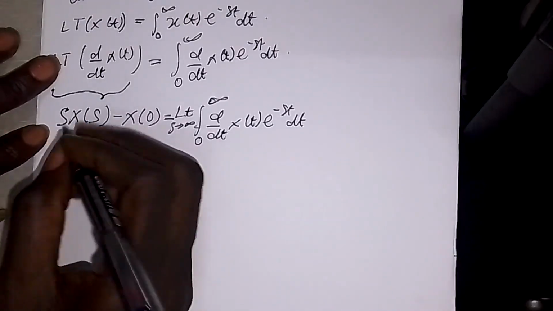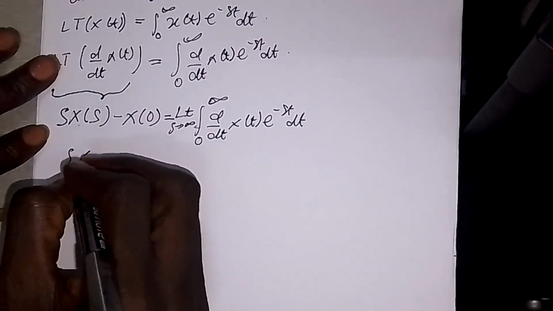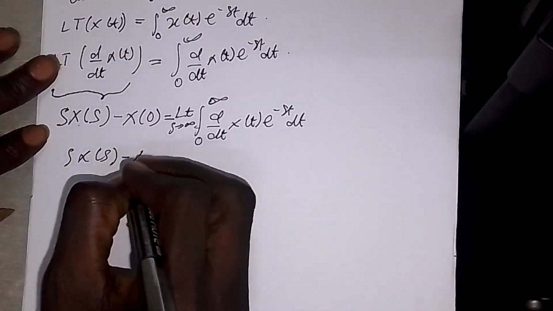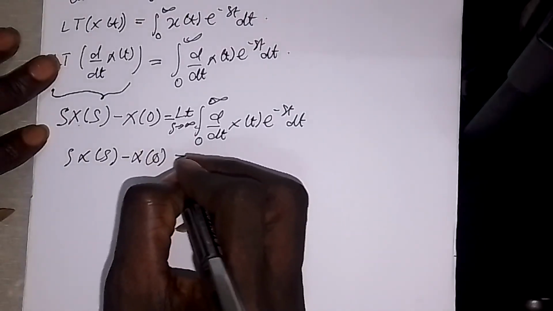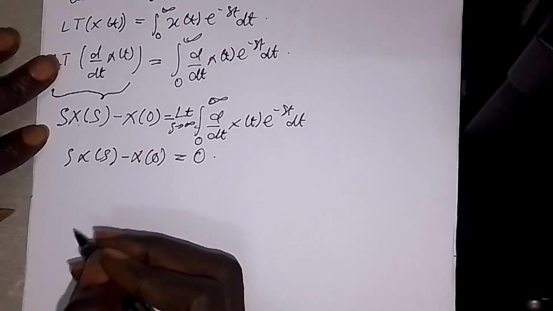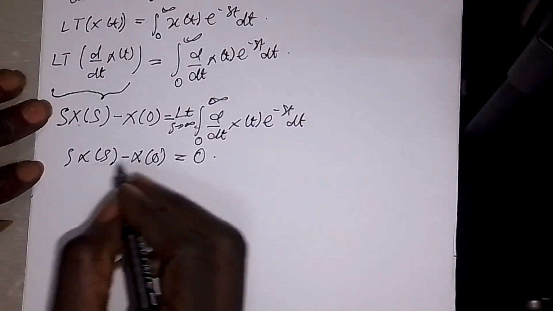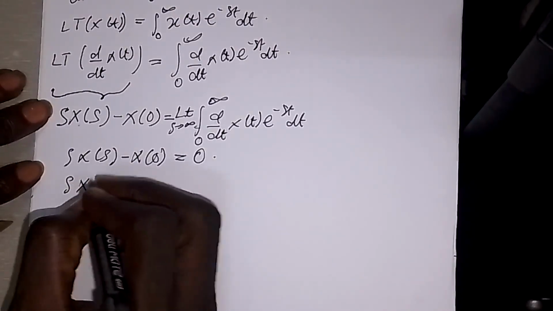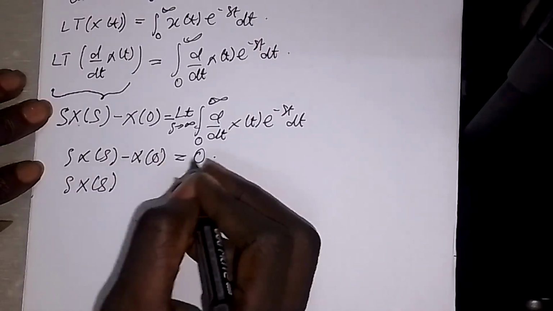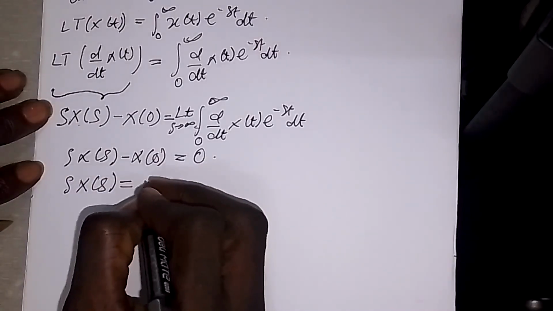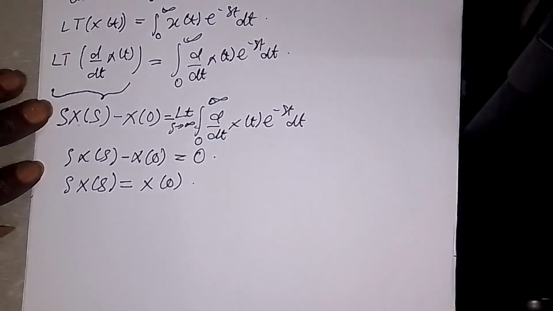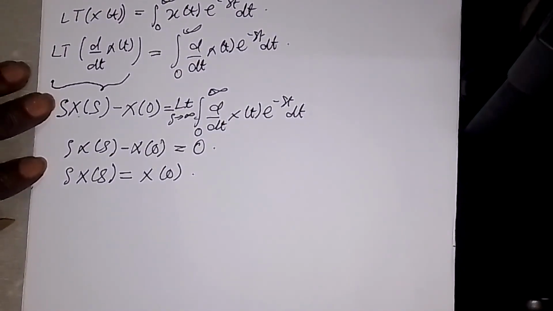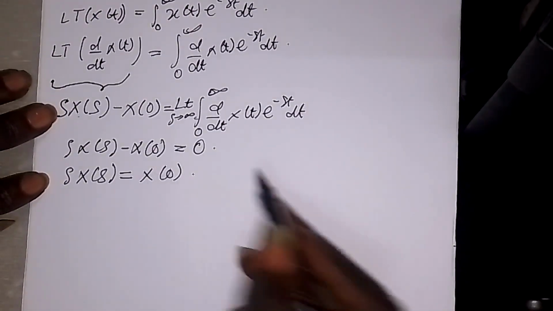So that means that I'll have s x of s minus x of 0 is equals to 0. So that means that I'll have s x of s, this guy can go there, is equals to x of 0.